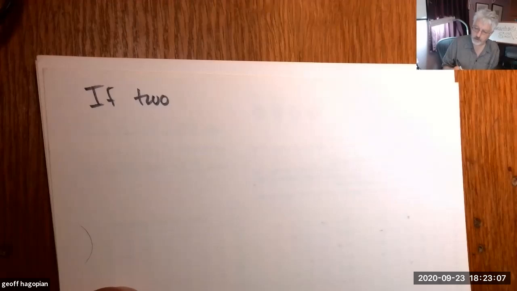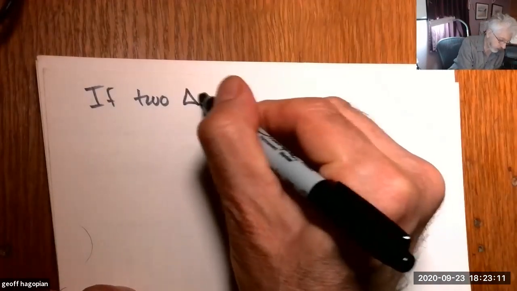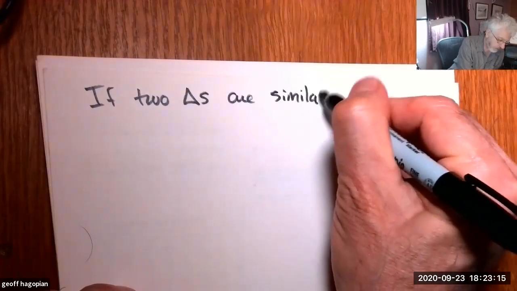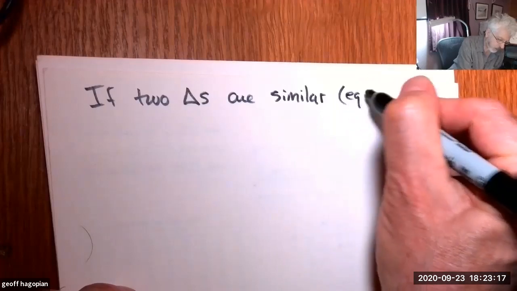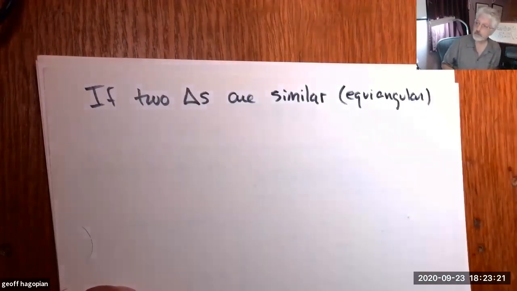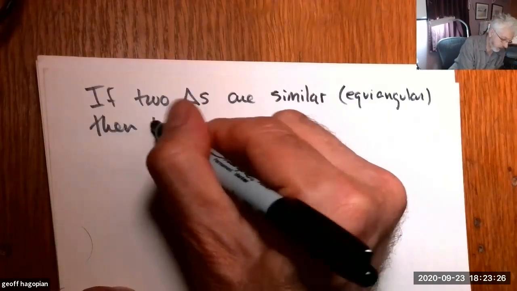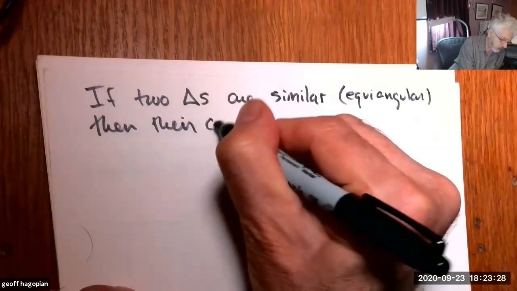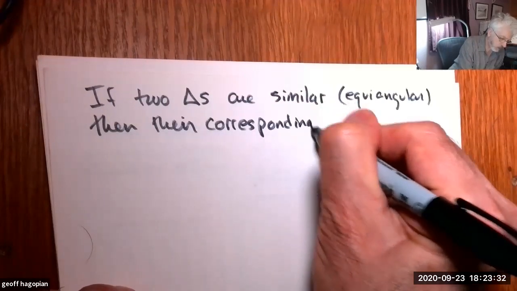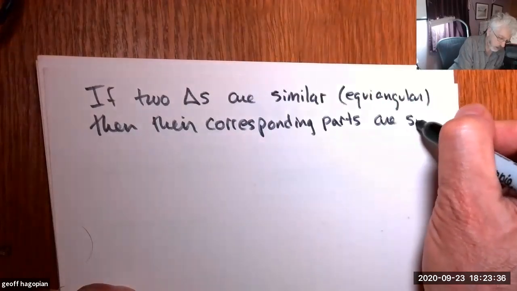This is important in trigonometry. If two triangles are similar, and another word for similar here is equiangular, that is, they have the same three angles, then their corresponding parts are proportional.